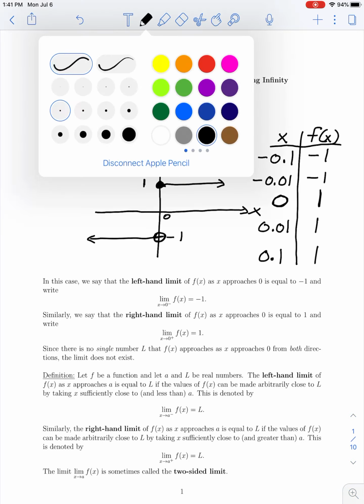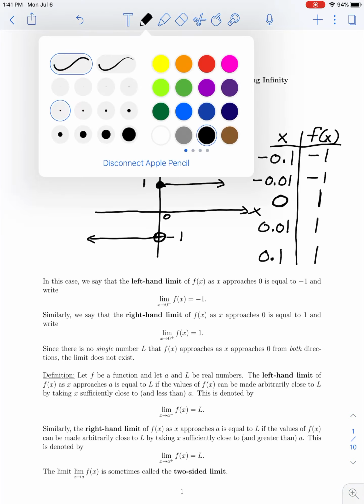So here we would say that the left-hand limit of f of x as x approaches 0 is equal to -1. So we saw if we're taking values of x that are closing in on 0 from the left-hand side, the values of our function are closing in on -1.